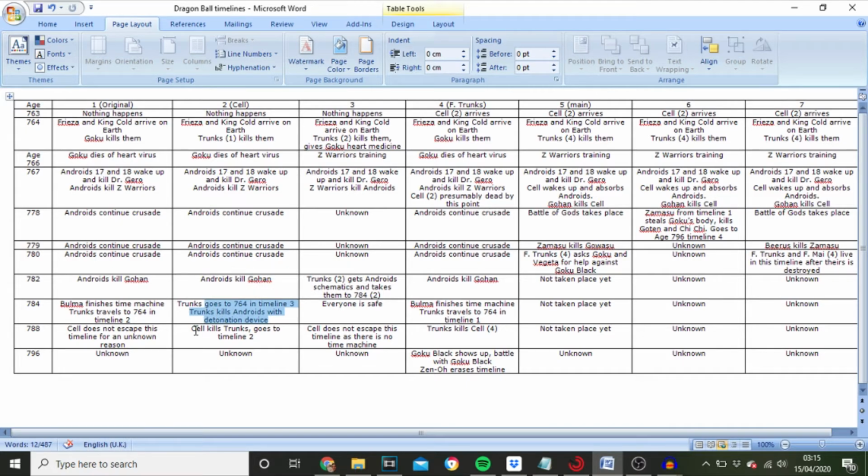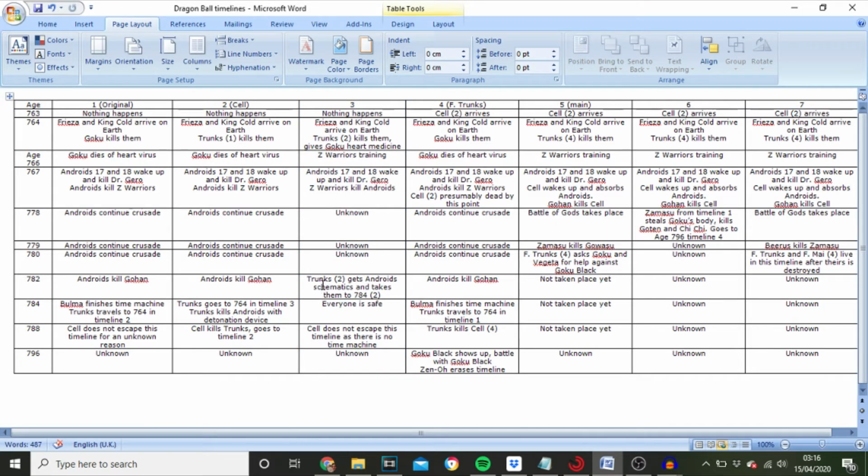However, as we all know, this is the timeline we see in the Cell saga. Cell kills Trunks and goes and creates, I've said timeline 2 there, it's timeline 4, creates future Trunks' timeline, because you see here, everything up to this point has wrapped everything up in a nice little package.